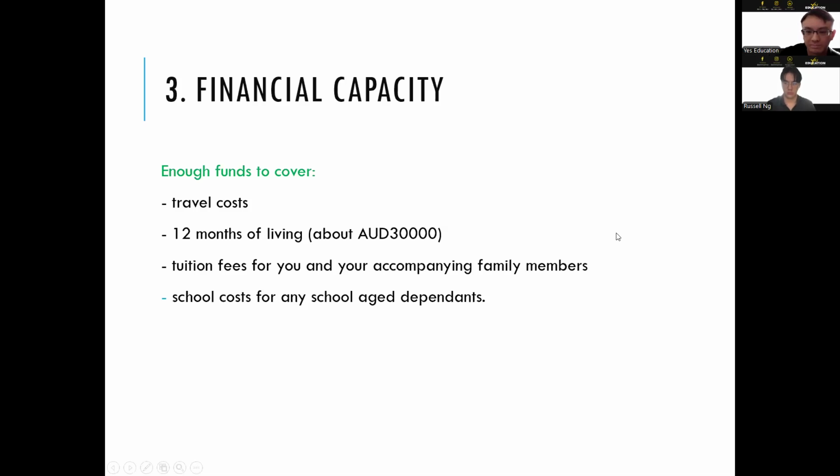So when we were looking at the document checklist, we noticed that for some country and university combinations, if their risk level is low enough, financial capacity is not mandatory. So in the past, we just don't submit any financial capacity evidence.